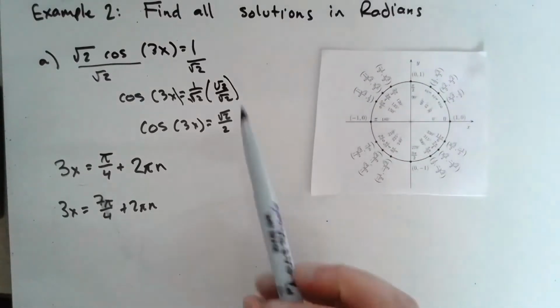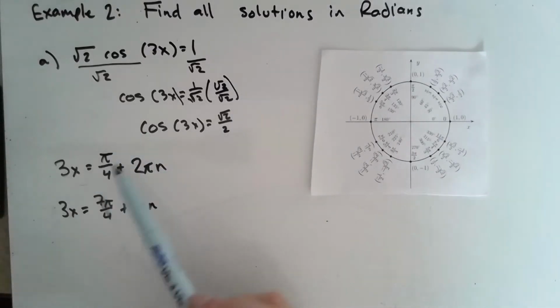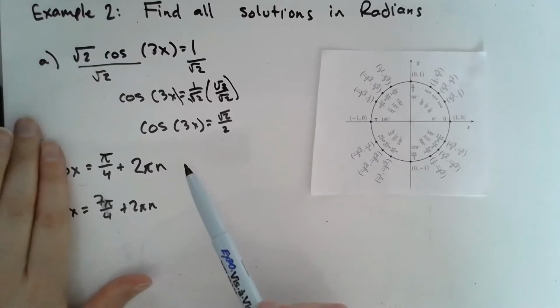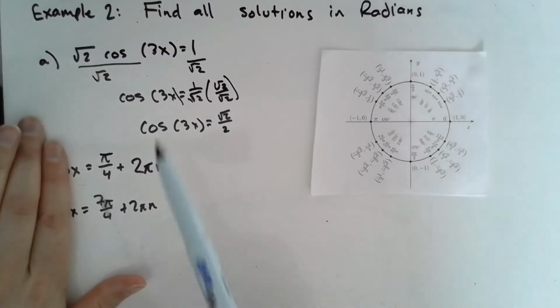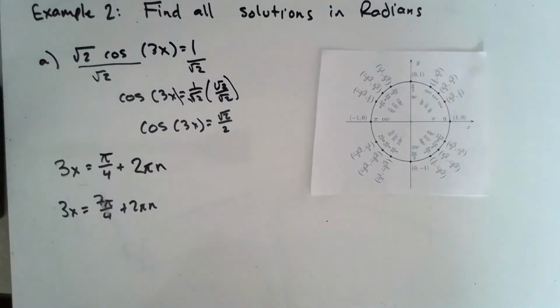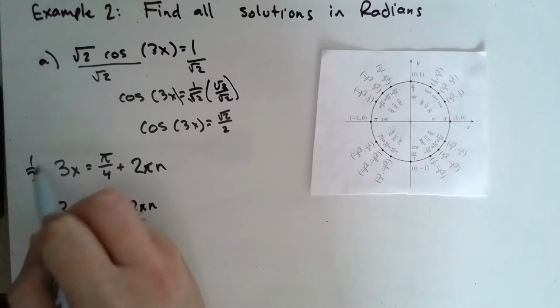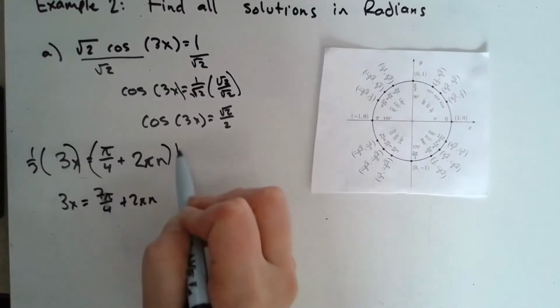Okay, so we've got our 2 from our unit circle that fit between 0 and 2 pi. This one is actually finding all solutions. So these would be all solutions if this 3 did not exist, if we were just solving for cosine of x. Okay, but because of this 3, we are going to times everything by a third. We're going to get x by itself.